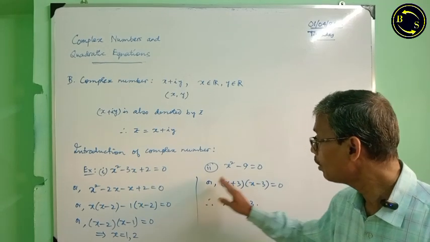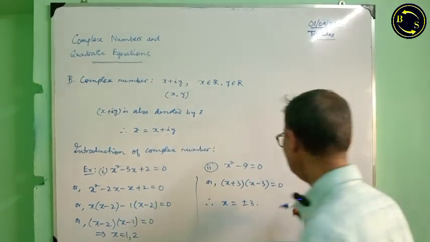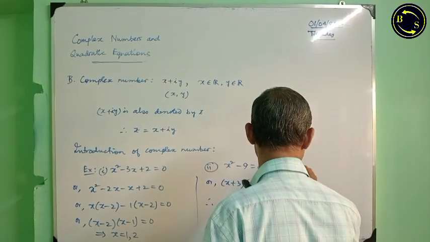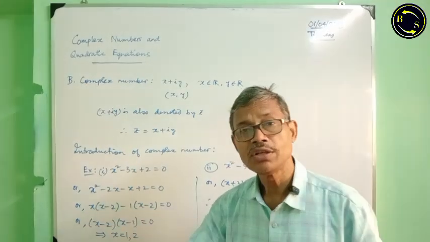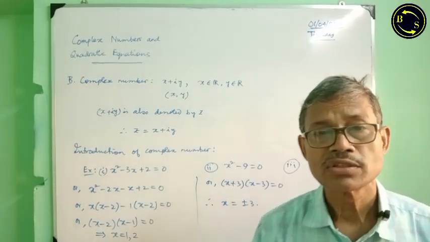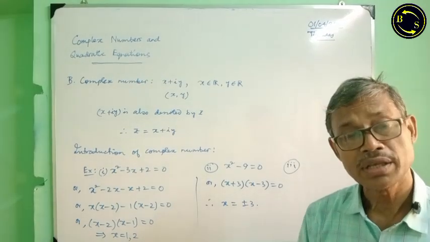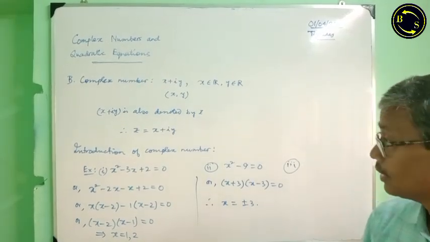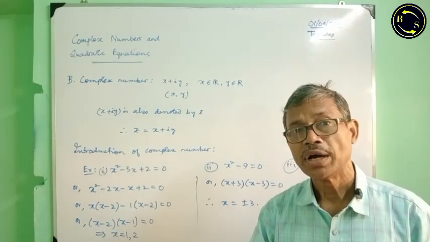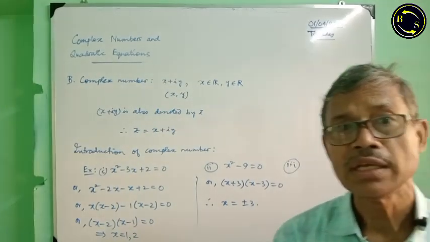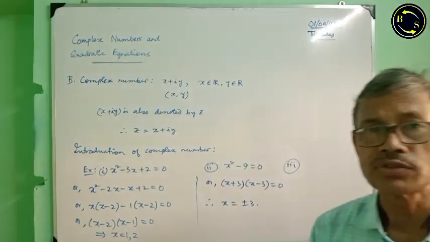Thus, while we solve such types of equations, there is also another type where the quadratic expression cannot be resolved into factors. In that case, we apply the Sridharacharya formula, or we form a square involving x equal to some constant.